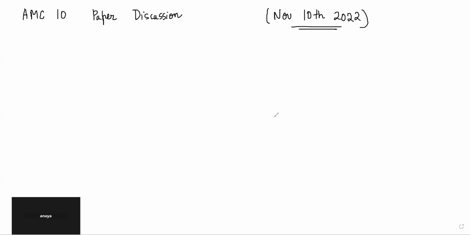The question is just saying RST. Let RST be squares that have vertices at lattice points. Lattice points are points whose coordinates are integers in the coordinate plane together with their interiors.